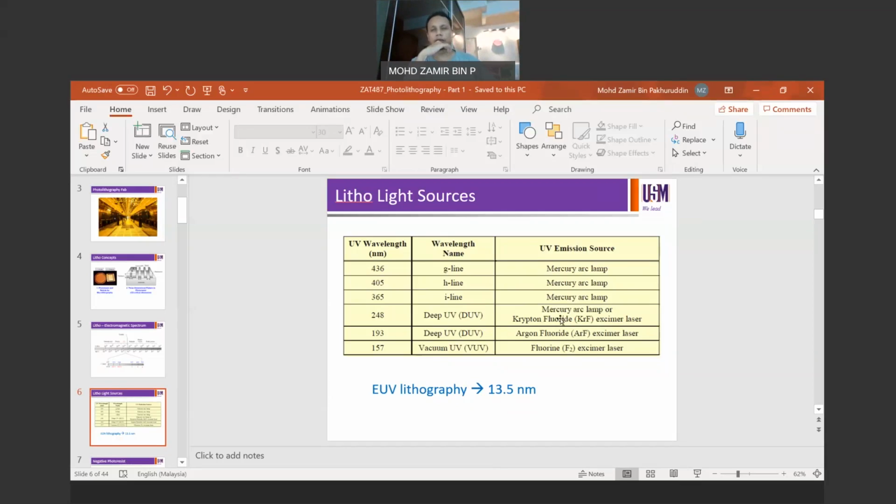If you talk about the latest technology node in the market, we now have a technology produced by TSMC, Taiwan Semiconductor Manufacturing Corporation, which utilizes EUV lithography system with an illumination wavelength of about 13.5 nanometer.